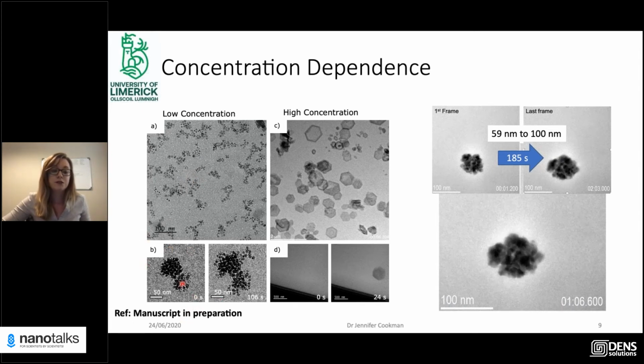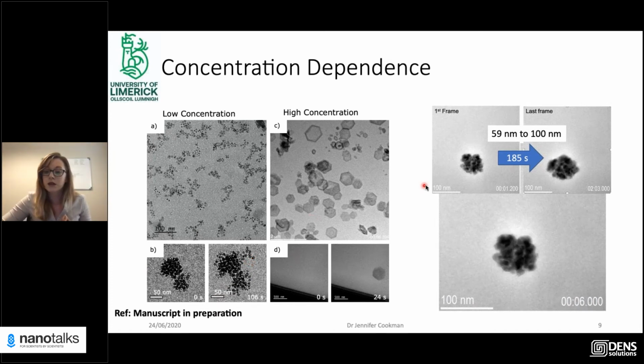With this particular example, and many of the examples that we've seen, over a period of 106 seconds the aggregate will grow. It will grow in terms of the number of particles, and it will grow also in size. We're still doing a little bit of research on how this happens, or even where these particles are coming from.